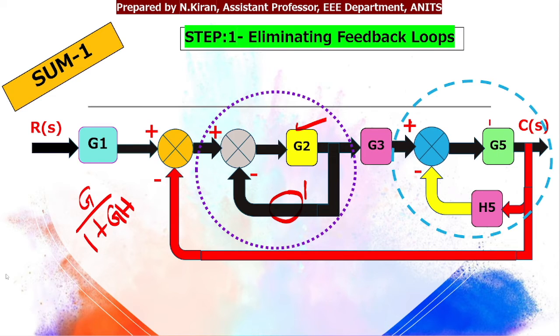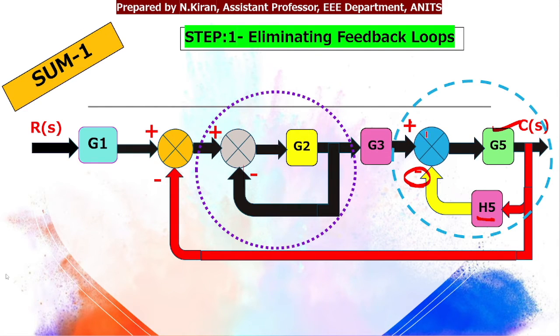And in the second case, in place of G I have G5, and in place of H I have H5. Since both are negative feedback, I'll get positive in the denominator. So let us replace this by our formula, that is eliminating feedback loop.